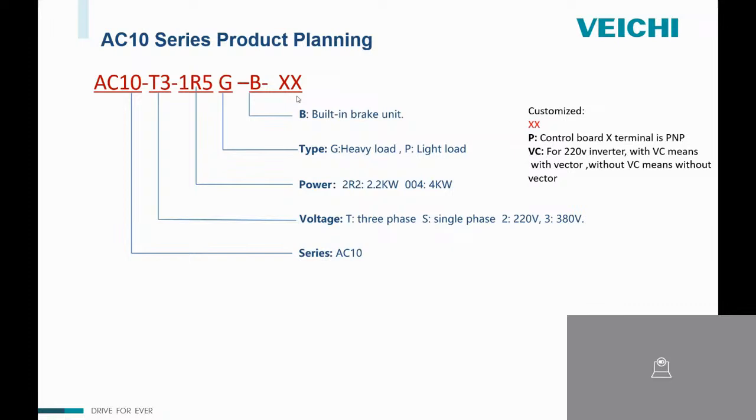So if some customer wants to modify it, they want PNP type, they can order a customized version. So here P means PNP type. And for single phase 220 volt VFD, here VC means with vector control. Without VC means without vector control.